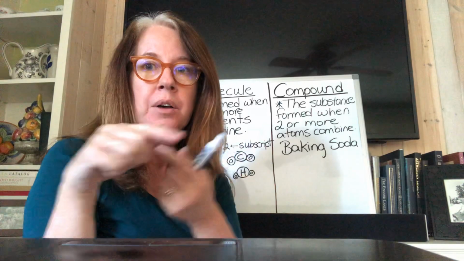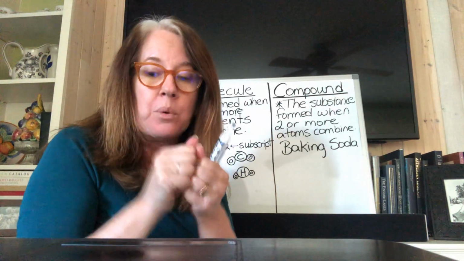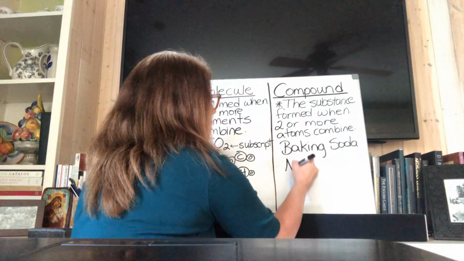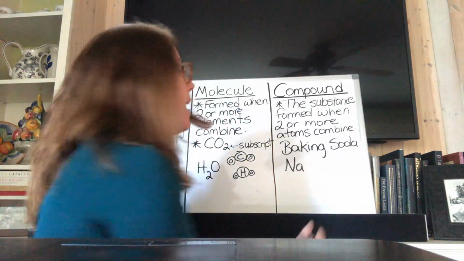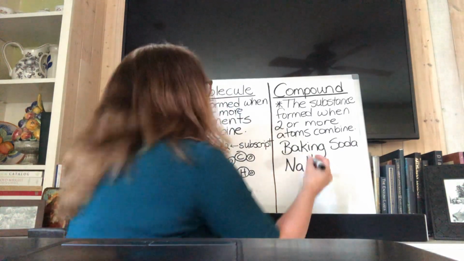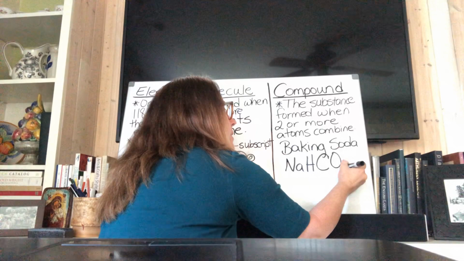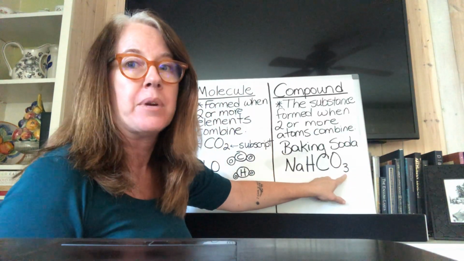Their electrons all spin around their own atom as well as their neighboring atoms that are stuck to them, and that's what holds it together. So baking soda is kind of an interesting, what we call formula here. So it's made of several things. We've got Na, we've got H, we've got C, and then how many oxygen atoms do we have? Well, this means that there are 3.